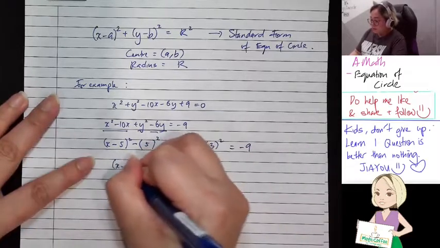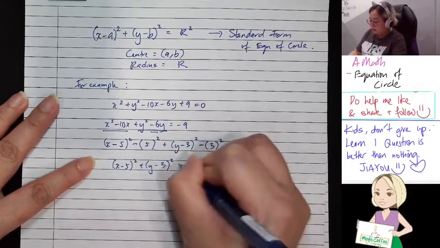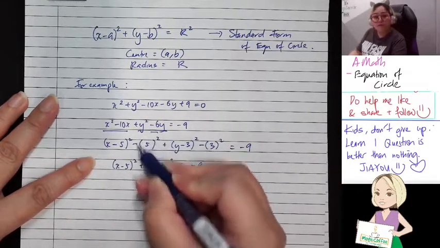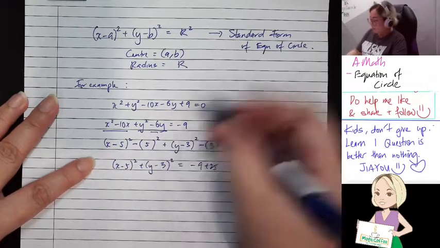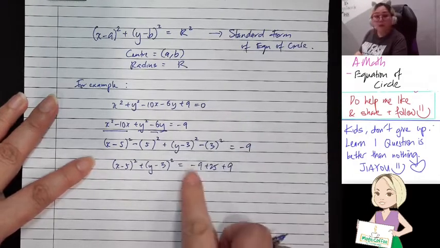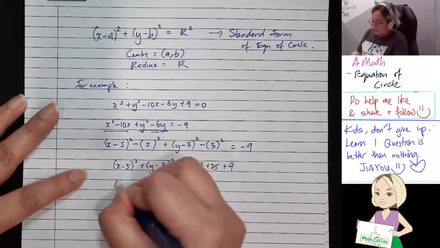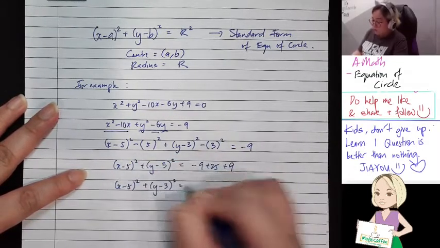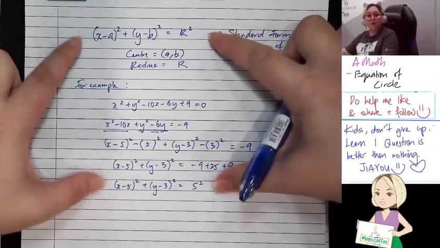So you can see that this is (x minus 5) squared plus (y minus 3) squared equals minus 9. This is minus 25; if I bring it over, it's plus 25. This is minus 9; if I bring it over, it is plus 9. Minus 9 plus 9 is 0, so I am left with 25. So I end up with (x minus 5) squared plus (y minus 3) squared equals 25, which equals 5 squared, because I'm supposed to make it into this form.